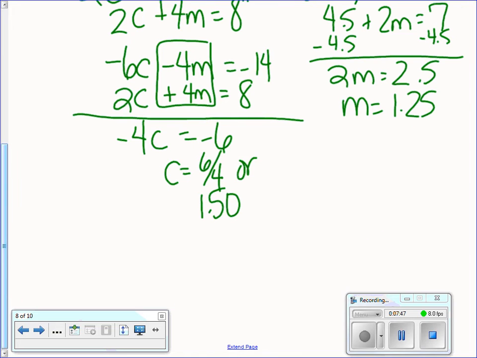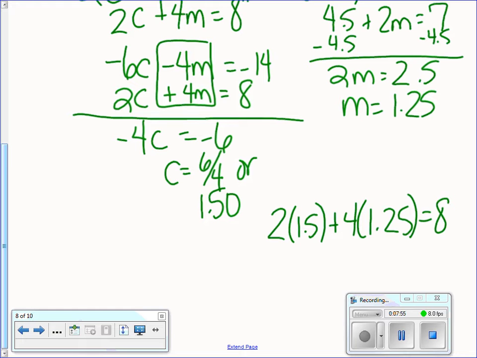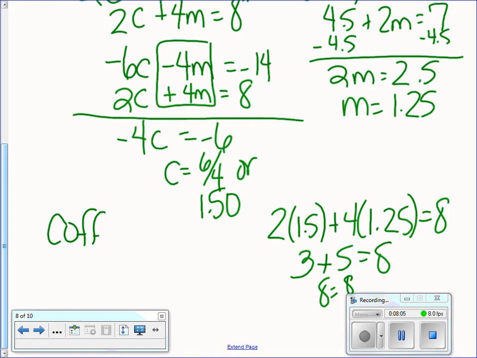Let's check and make sure. 2 times 1.5 plus 4 times 1.25 is equal to 8. So 3 plus 5 equals 8. So 8 equals 8. It's a word problem, so coffee is $1.50 and muffins are $1.25.